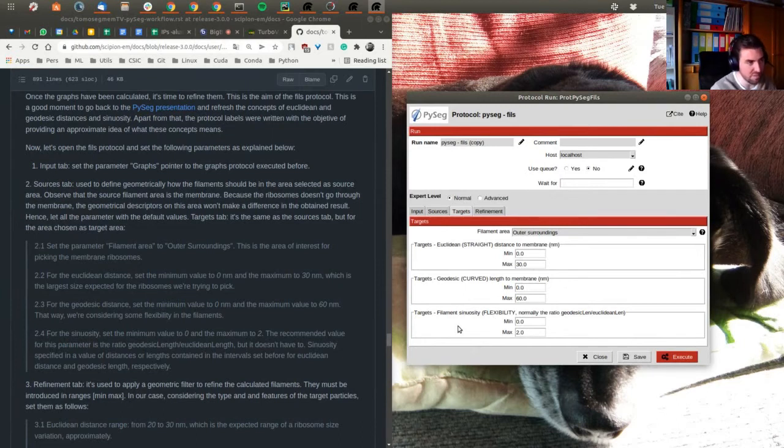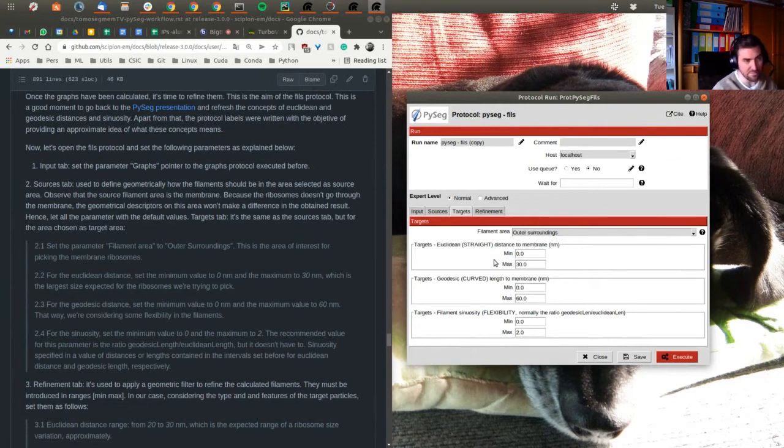When I say the Euclidean distance or length to the membrane, it is the straight line which goes from the outer edge of the membrane to the edge of the outer surrounding area. With the profile, it is very, very easy to understand. But I think we all have this image in our head.